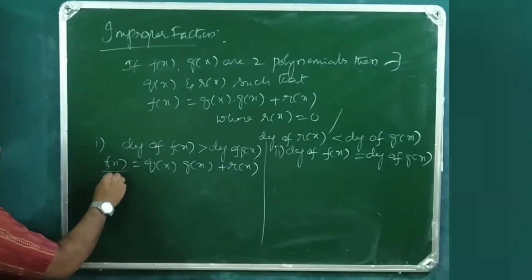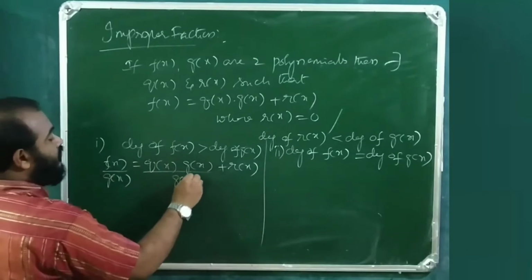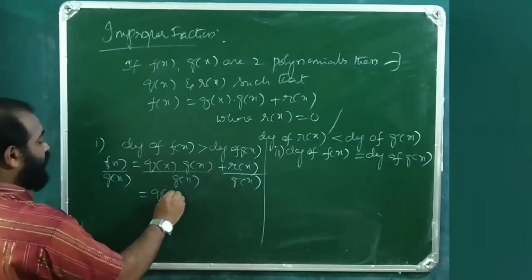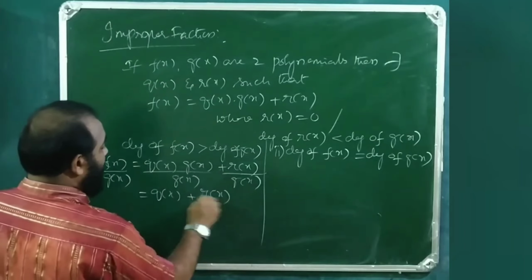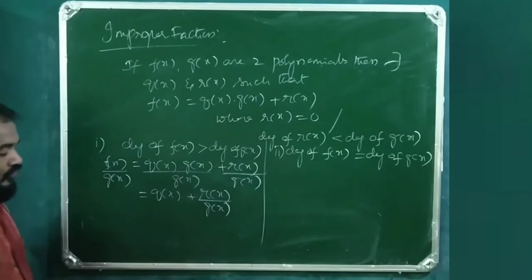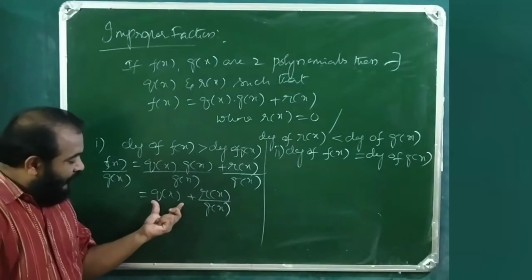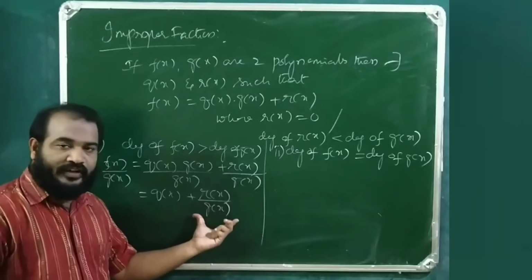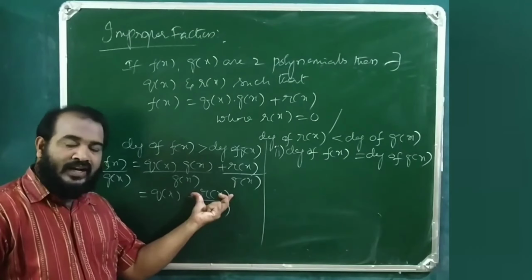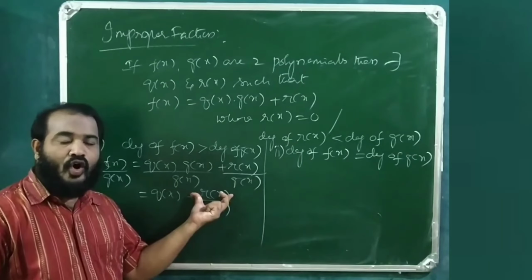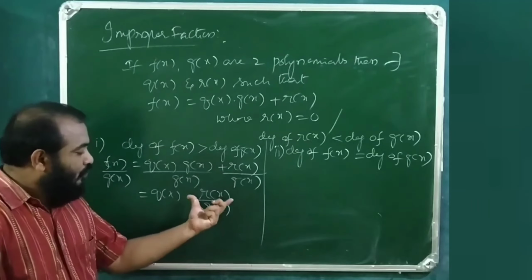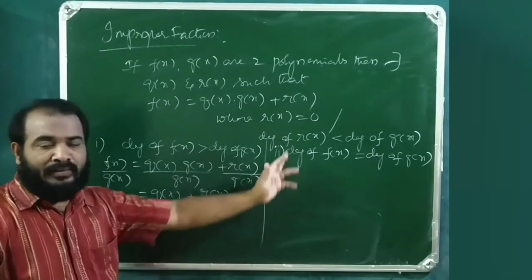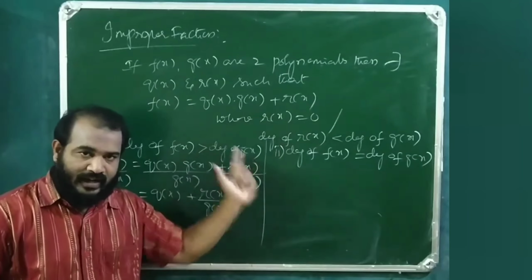Dividing by g of x on both sides, we get q of x plus r of x by g of x. We leave q of x aside, and r of x by g of x is a proper fraction, and we know how to resolve it into the sum of partial fractions using the methods which we have discussed right now, type 1, type 2, type 3 and type 4.